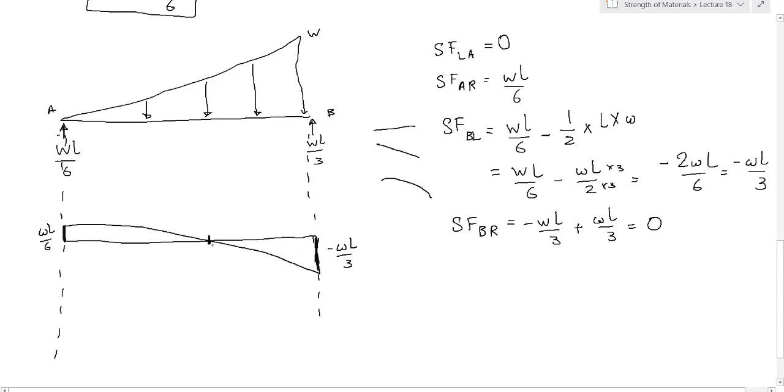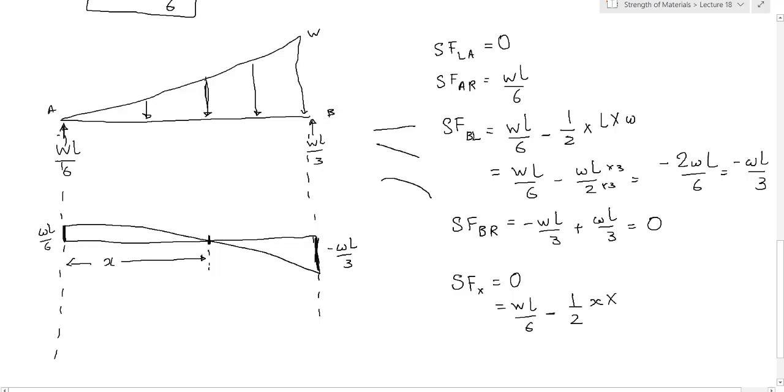How can we find out the point where shear force is equal to 0? Let us say that this distance is x. How can we find the value of x? We can say that shear force at x is equal to 0. So we have WL by 6 minus half into base into height. Now what is this height?